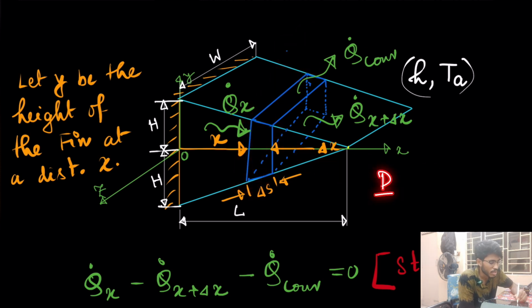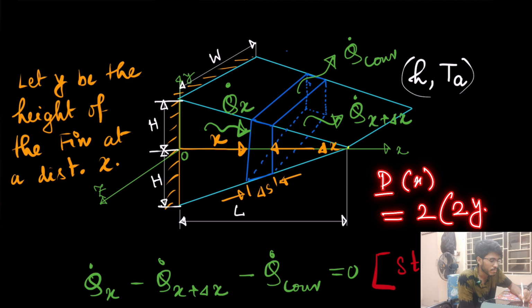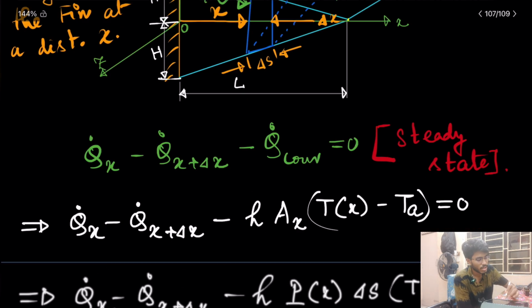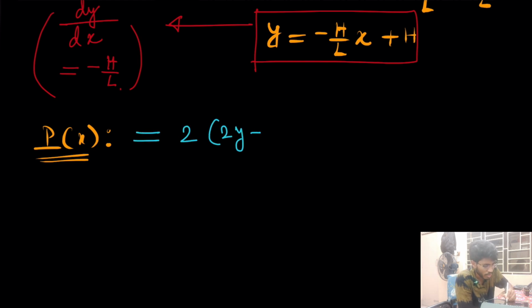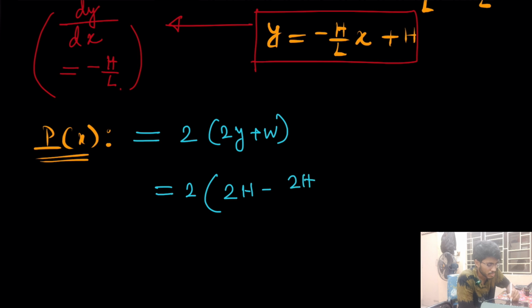So the perimeter P(x) will be your 2 into (2y plus w). Clear? I hope that is clear. So now this is equal to 2 into (2y plus w), and that is equal to 2 into again (2H minus 2H by L into x, clear, plus w).